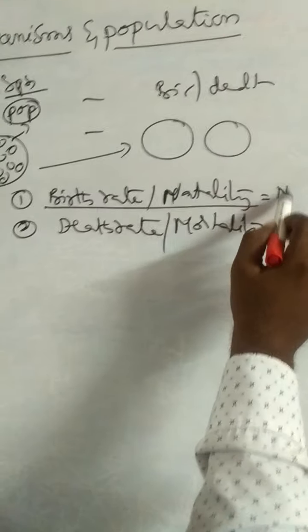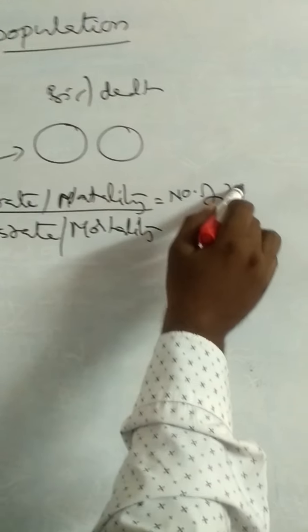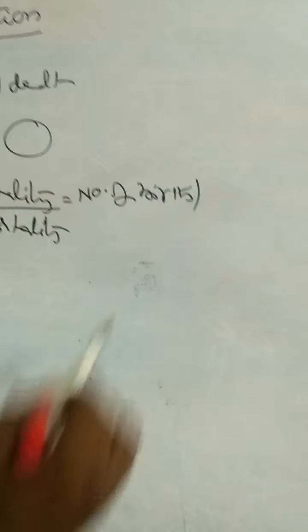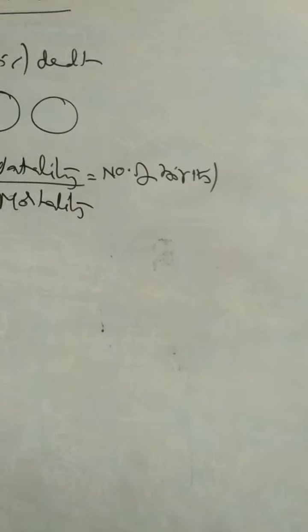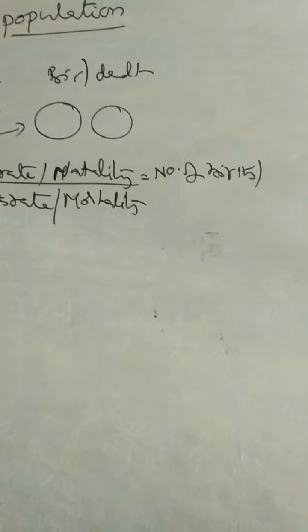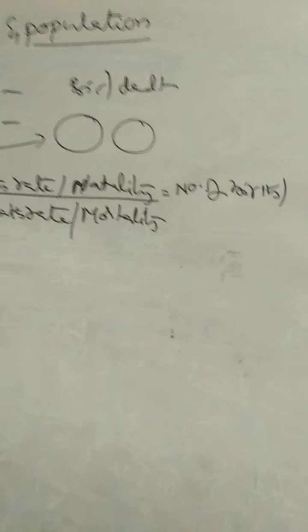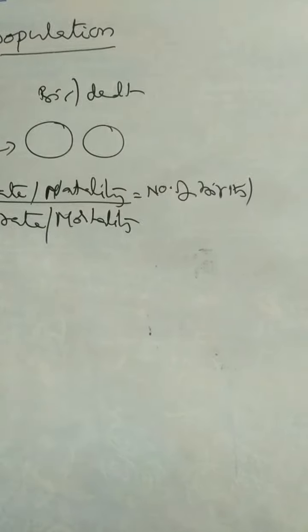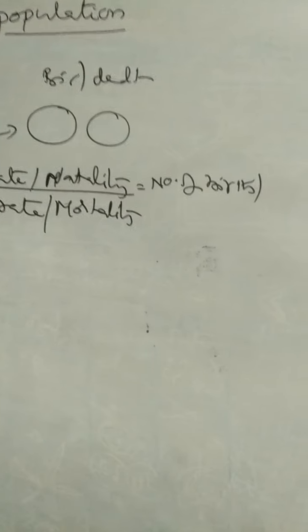What is birth rate? The number of births in a population within a unit time is called birth rate or natality. Number of births means the number of new individuals in a population within a unit time.